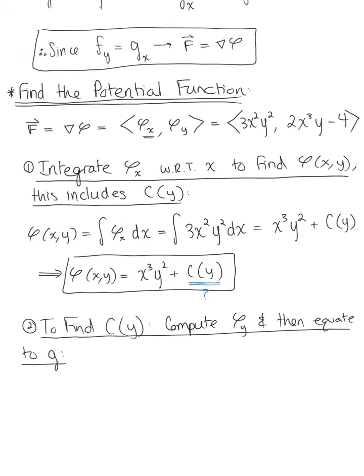And if you're asking yourself why we are equating it to g, we want to keep in mind here that we know F is conservative. So this means that the components of our vector field F, G are equivalent to the components of the gradient of phi. So the component g is equivalent to the partial derivative of phi with respect to y.